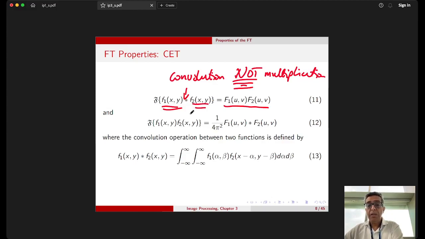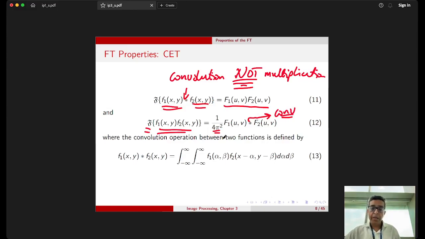Similarly, there's an inverse equivalent: if you multiply two spatial fields together, then the Fourier transform of that will be, up to a constant factor scaling, the convolution of the two individual Fourier transforms. So this is convolution, not multiplication.